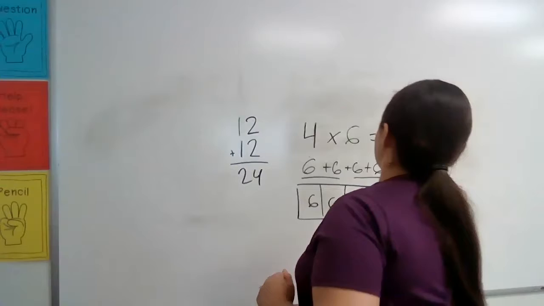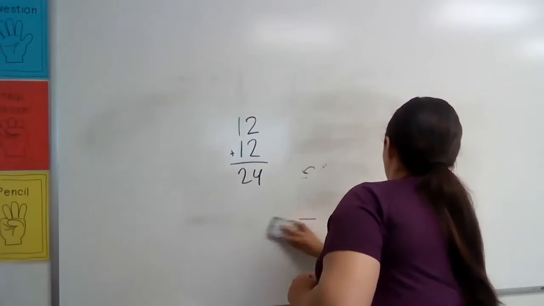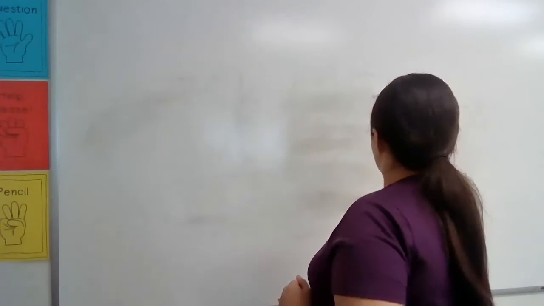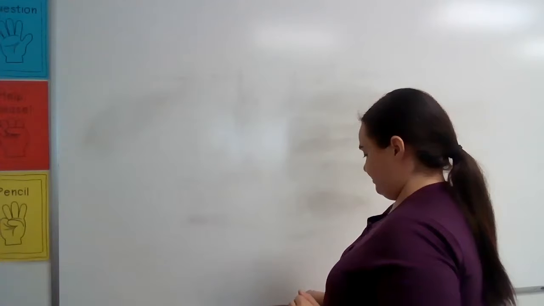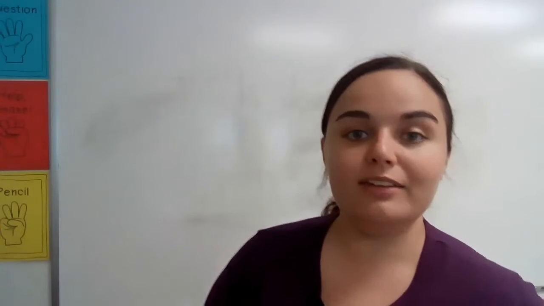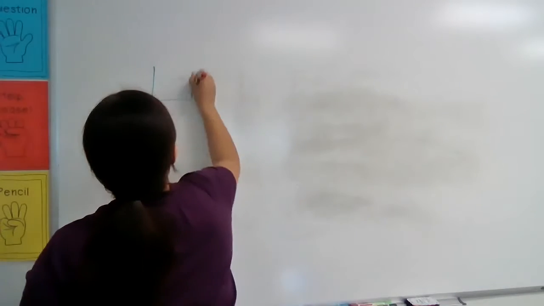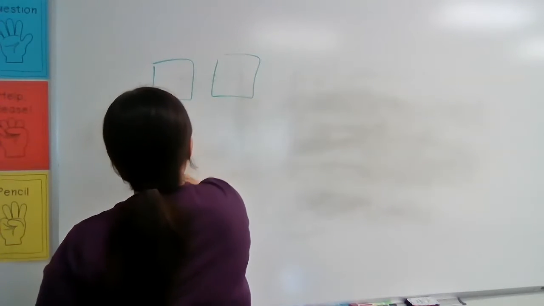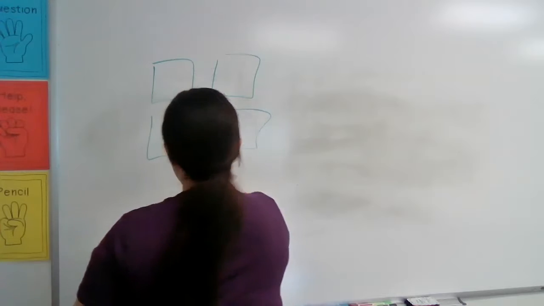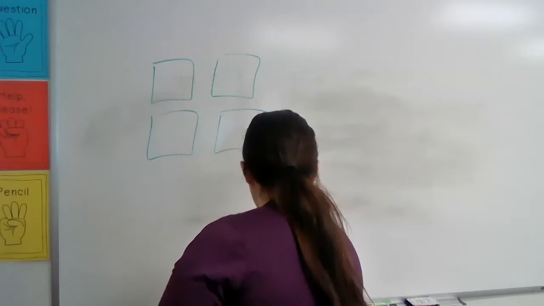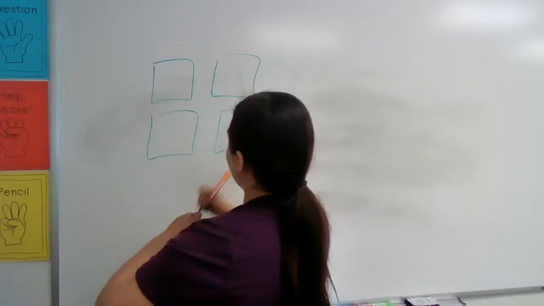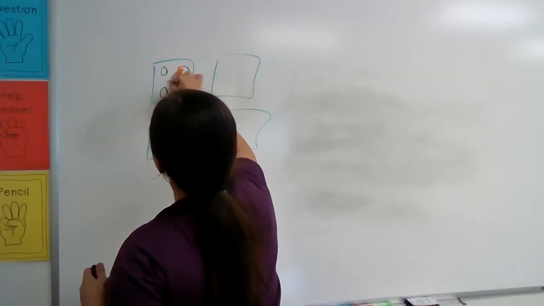So let me erase my board first. We have to come up with how many groups we're gonna do. So it said Mrs. Witt bought 4 boxes of paint with 5 jars in each. So she has 4 boxes of paint, and she has 5 jars of paint in each one.